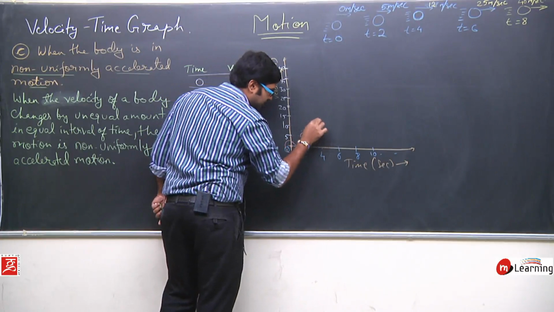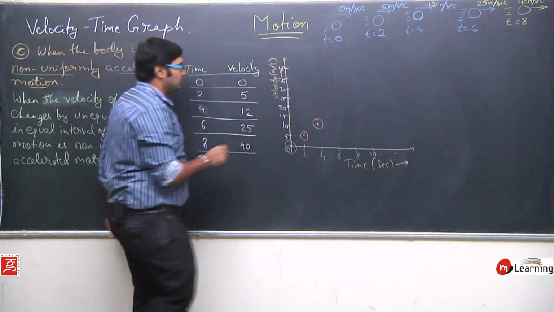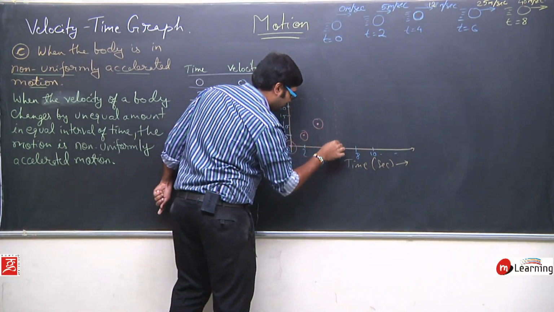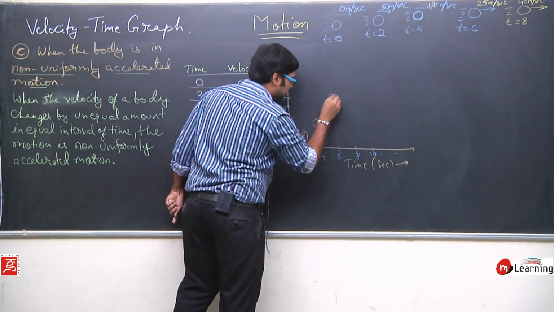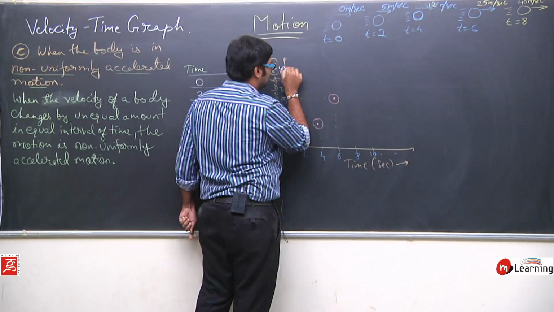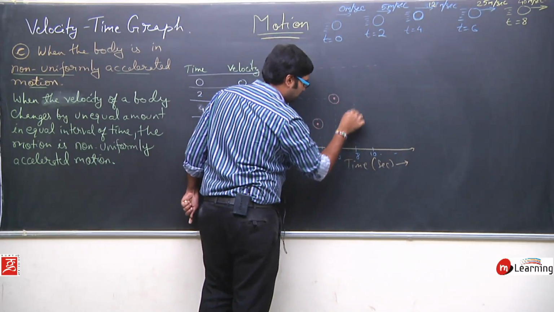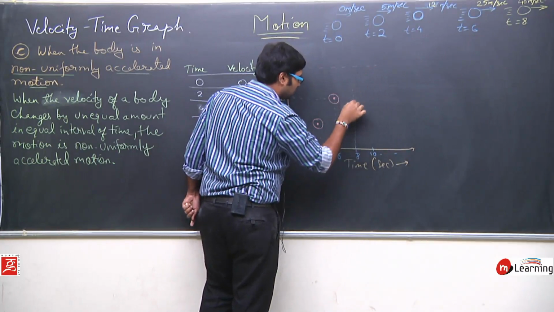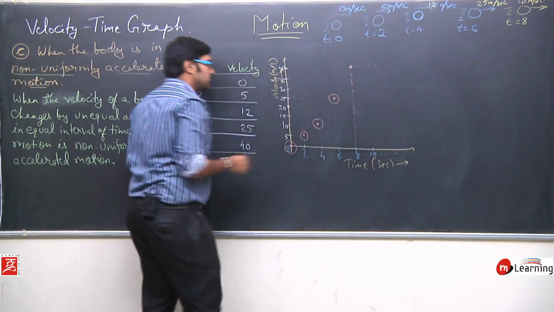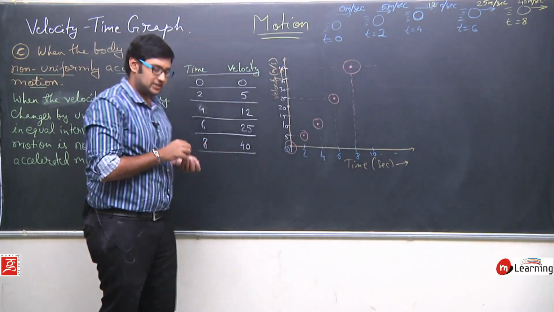Then at t equals 6 it is moving at a speed of 25, so this is 25 and this is 6. So this is the position, and at t equals 8 it is moving with the speed of 40. So this is the position. So these are the positions of the ball which we can see.